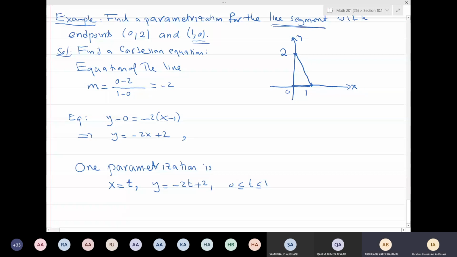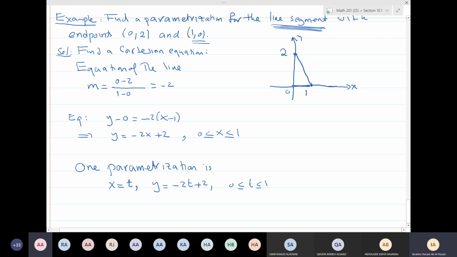A line, a full line. It will extend to infinity and minus infinity. But in our question, I need a line segment. So I have to restrict x. I cannot take all x. x has to be from 0 to 1.